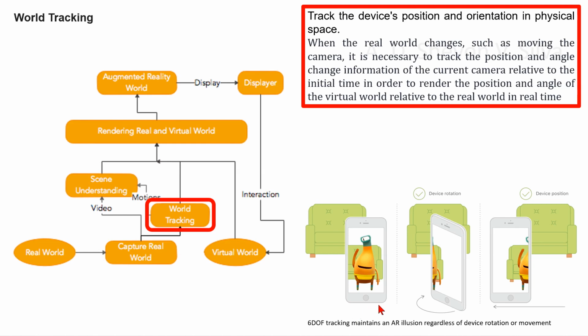Here you can see 6DOF tracking maintains an AR illusion regardless of device rotation or movement.